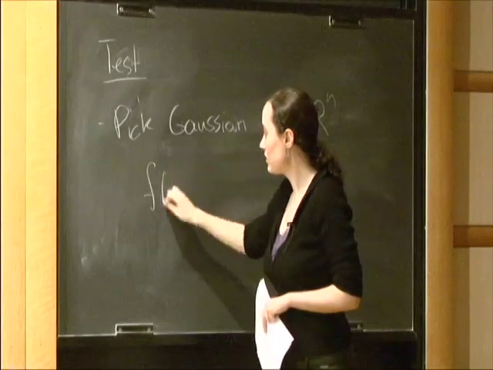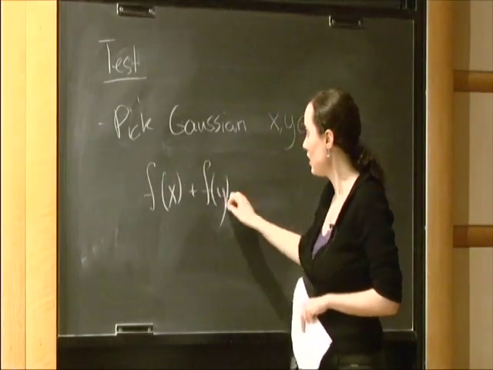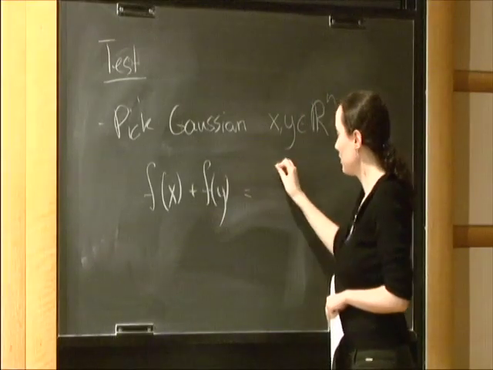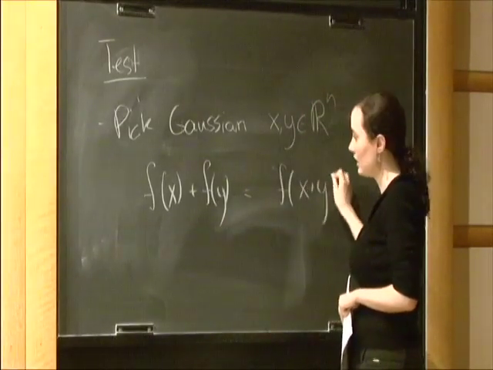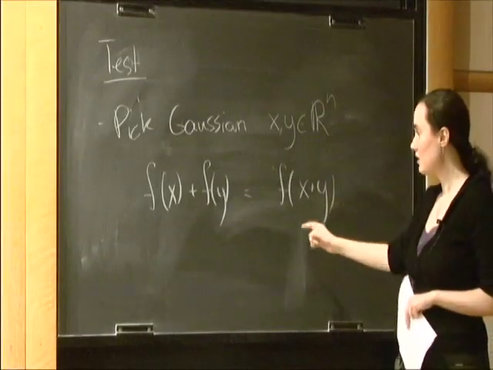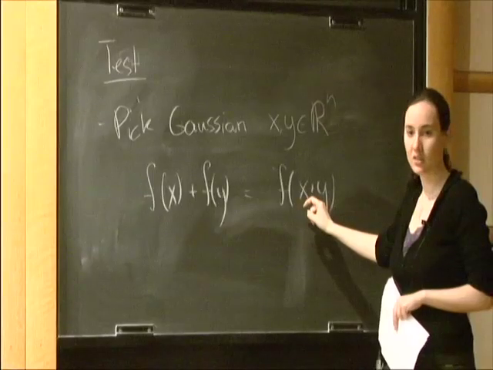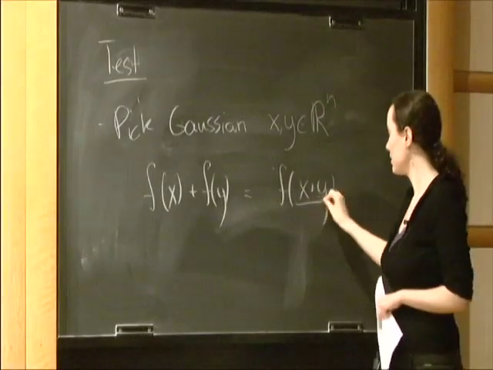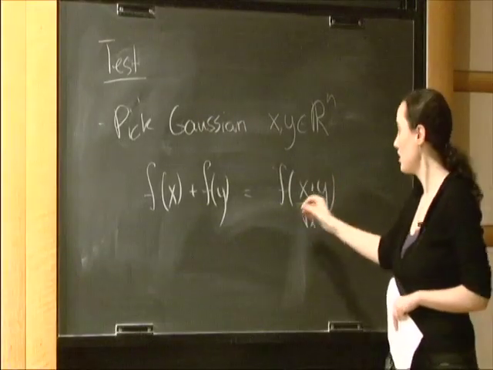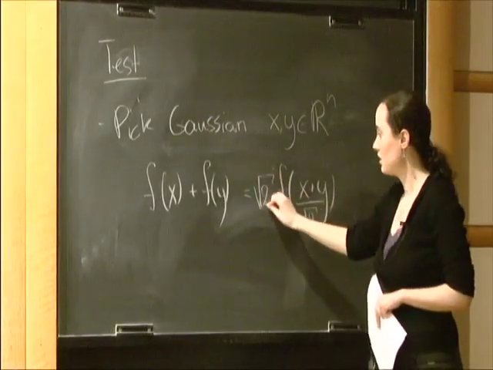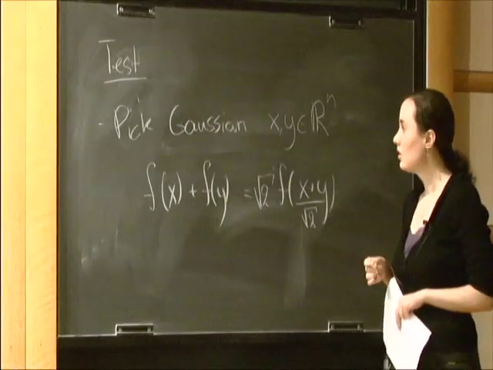Essentially, what I want to do is what we usually do: f(x) plus f(y) equals f(x plus y). The only problem is that x plus y is not Gaussian, so I have to normalize it so it is distributed as a Gaussian, and then multiply here. This is the test over reals.